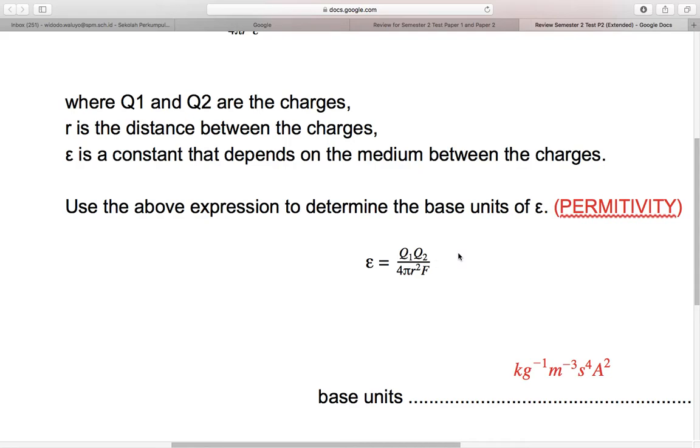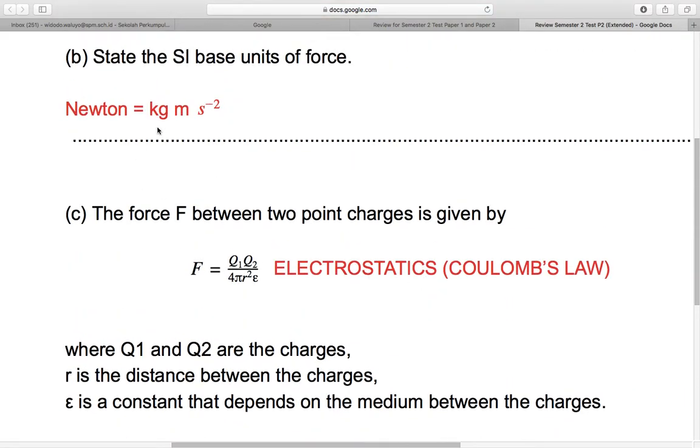For Q1 and Q2, Q equals I T, that is, current times time. So we can say here ampere second and also here ampere second, divided by 4 pi. 4 and pi are constants, and r is the distance, meter, so meter squared, and force equals what I mentioned before, kilogram meter second minus 2.